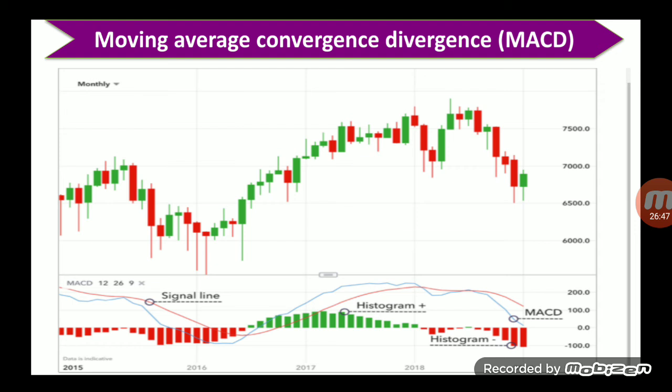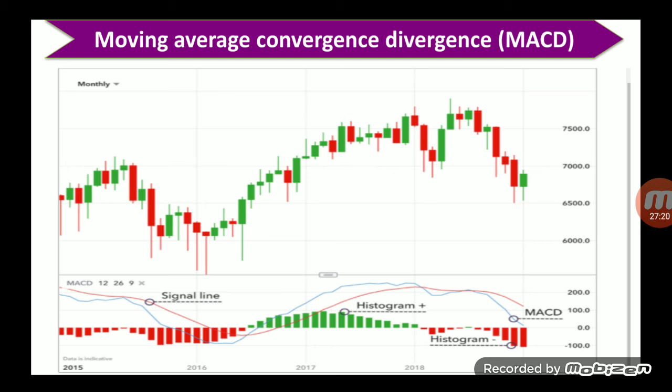The blue line intersects from below and goes up above the signal line, and a green histogram is created here. What is the meaning of this crossover? When the blue line crosses the signal line and is above the zero line, it shows an upward trend or strength in the stock, meaning the price of the stock will go up.